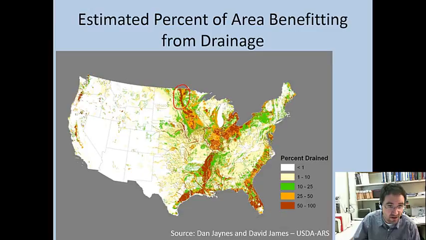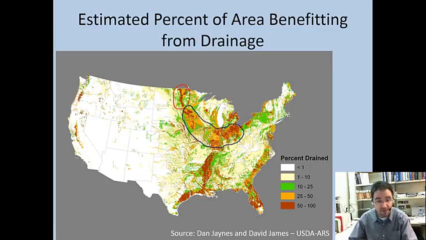Now, some of these areas, the land benefiting from drainage may benefit from surface drainage rather than subsurface drainage. But as we look at the areas across the Corn Belt, from Minnesota to Iowa, through Illinois, Indiana, and Ohio, in these regions, most of those areas would be benefiting from artificial subsurface drainage.